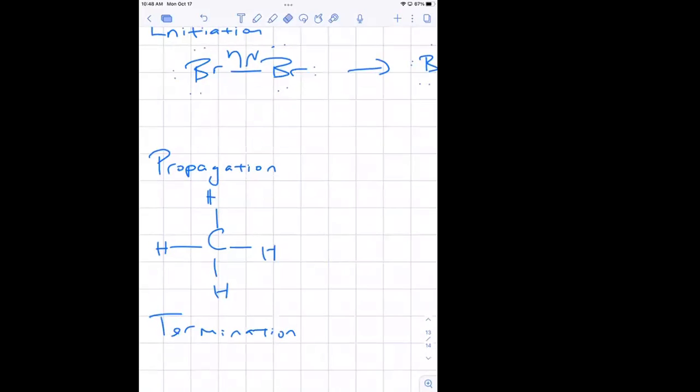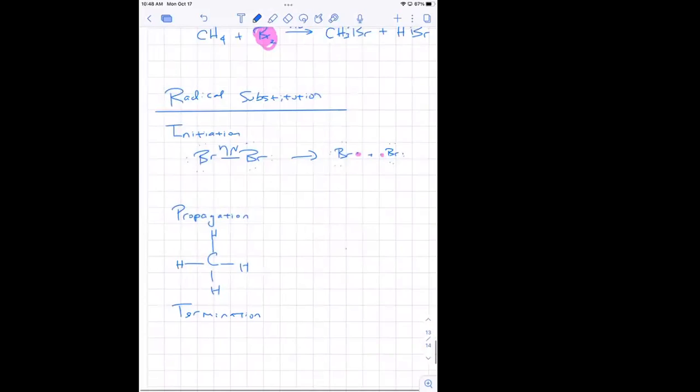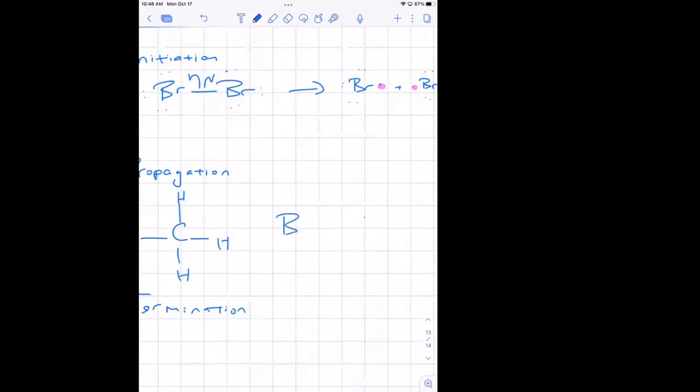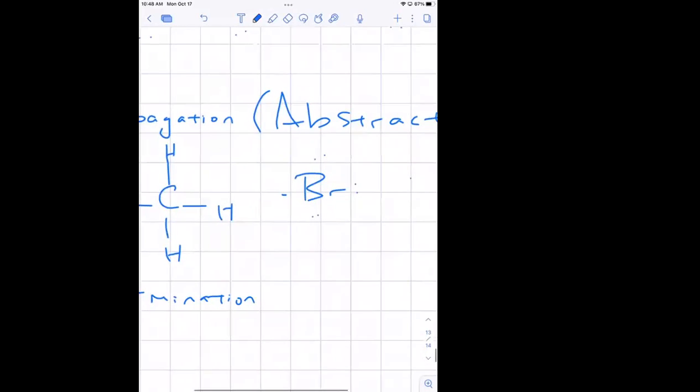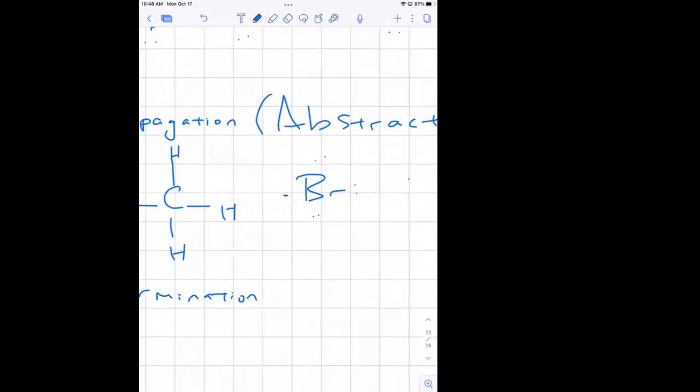All right. Propagation, when this happens, I have a bromine that's going to come in and do abstraction. This is where abstraction happens. That's why I went over it in the initial example first, so when you see it, you'll know it. All right. So what does that look like for this molecule?